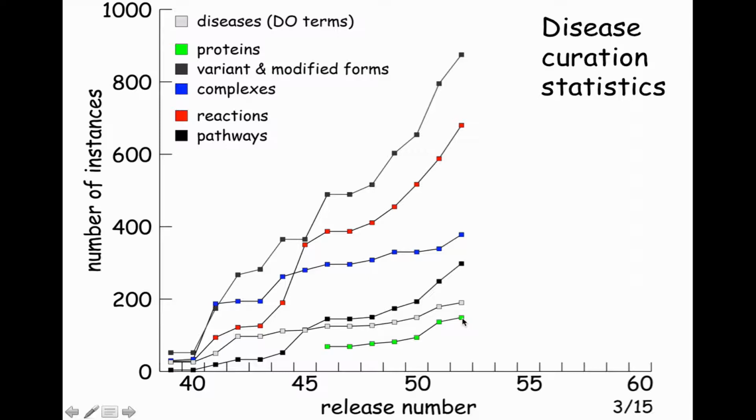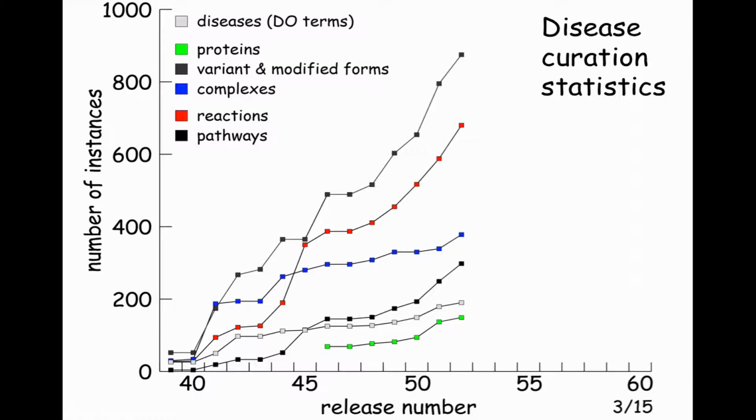So that's essentially the canonical forms of 149 proteins, and we've associated variations in those proteins with 190 different diseases as defined in the disease ontology.